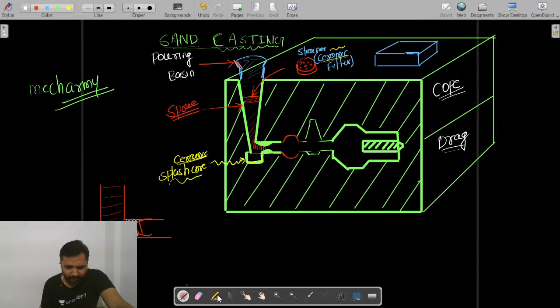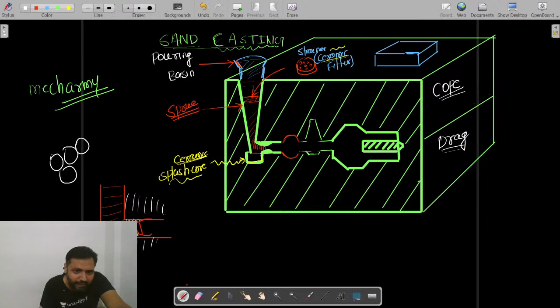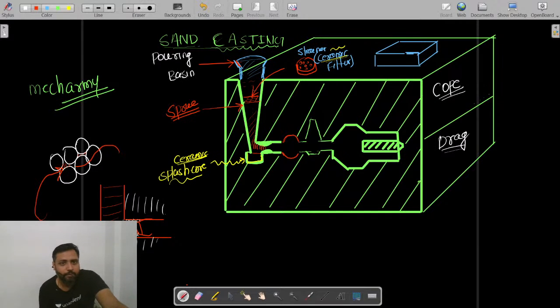In the surroundings here, what is there? Sand mold. And as all of you know, sand mold है तो sand grains है, और sand grains है तो sand grains क्या होगा? Porous होगा. उसमें क्या होगा? अंदर ऐसे ऐसे पोर्स होंगे, है ना? और इन पोर्स के थ्रू like air can go in, air can come out.